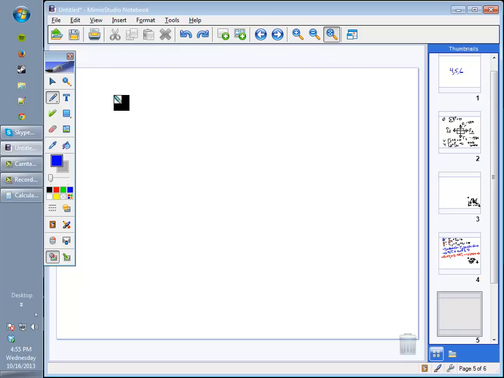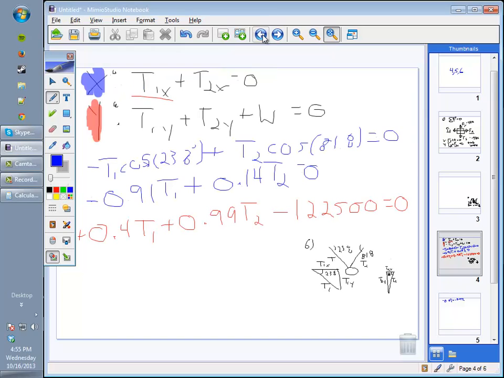But we're going to have negative 0.91 T1 equals negative 0.14 T2. Alright, and so all I did there was subtract over the T1 cosine 81.8, which is 0.14.